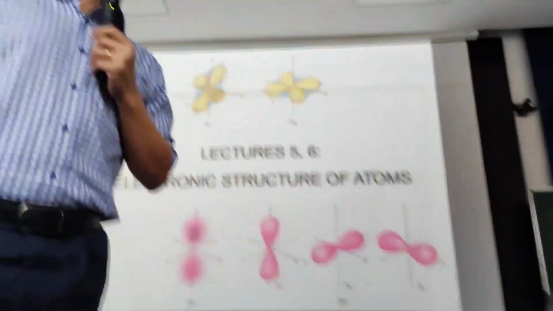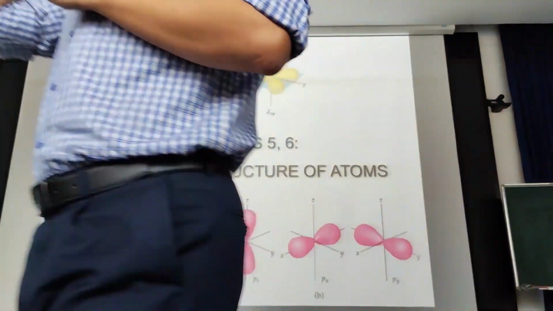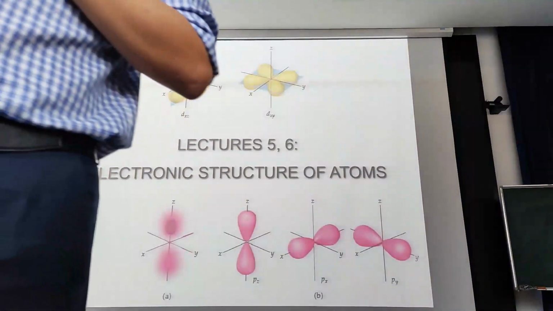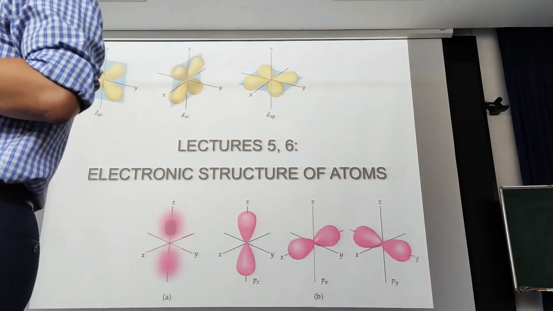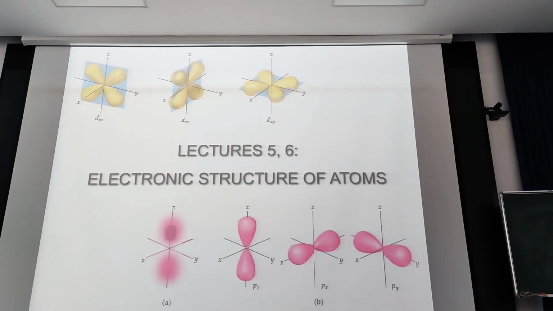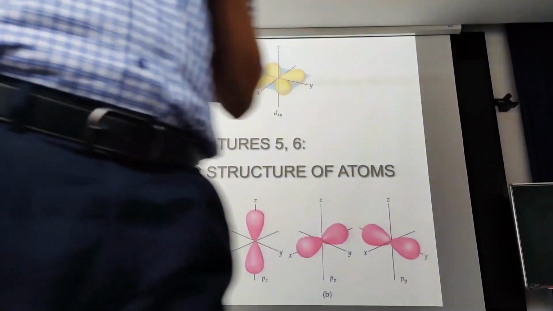In our previous lecture, we talked about the discovery of the atom: the concept of the atom, and the main experiments that helped us discover the electron, and then the proton and neutron that make up the structure of the atom.